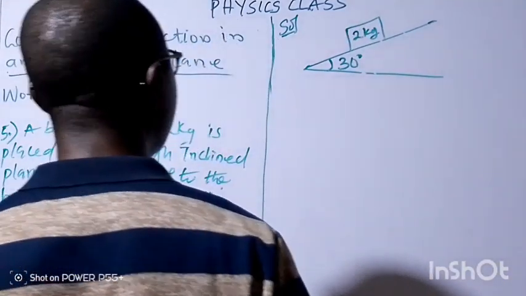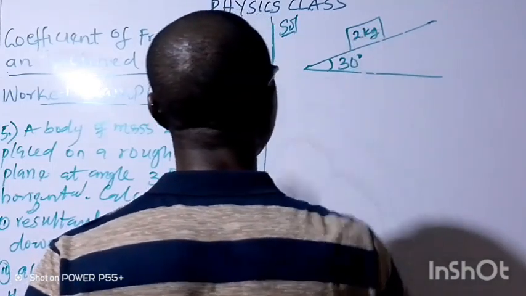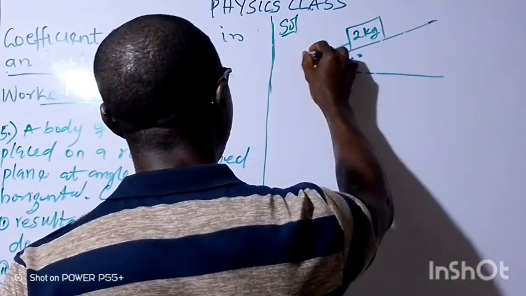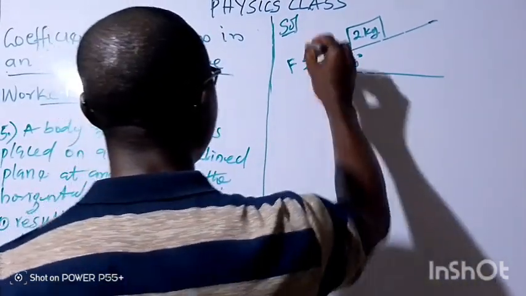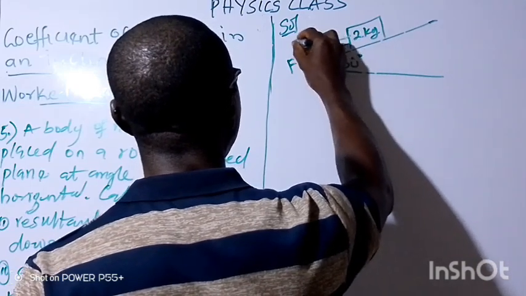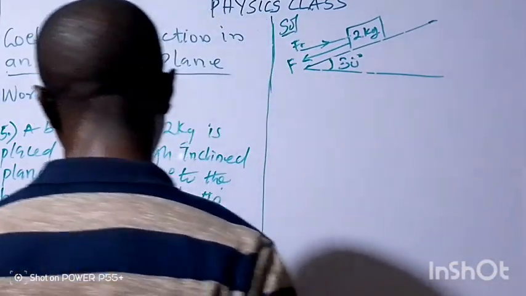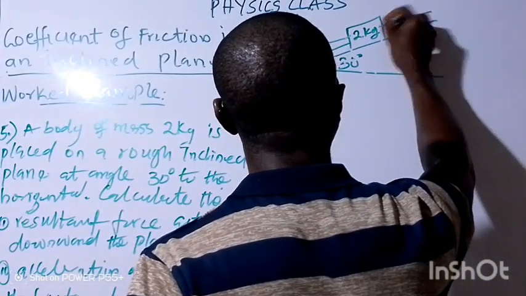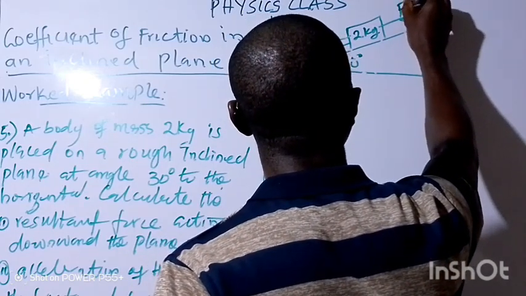Therefore, from this one, we can say that the force acting along this line, F, if that is the force, the frictional force will act in the opposite direction, that is Fr, then the force acting downward the plane, also acting along this direction, that is F, or let's call it P to differentiate.